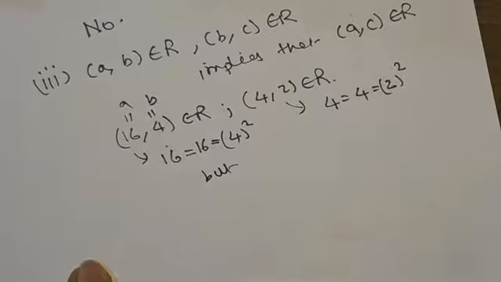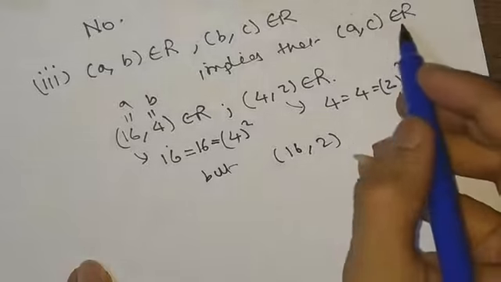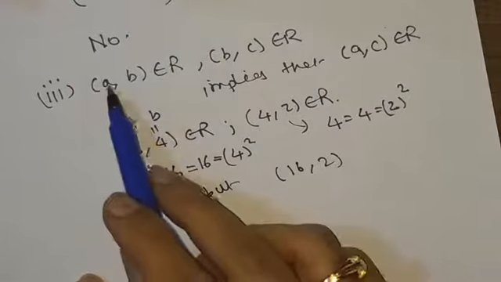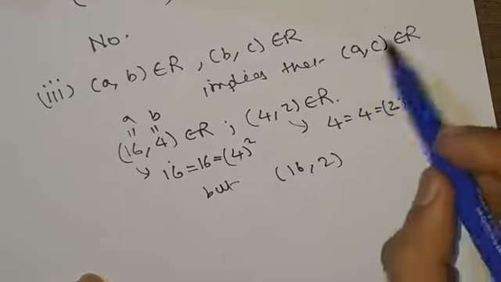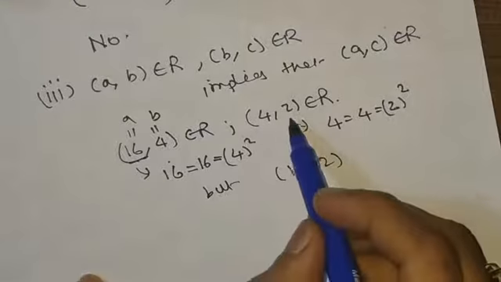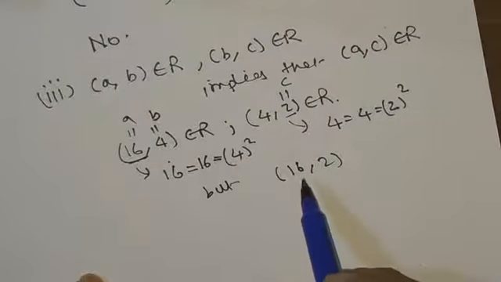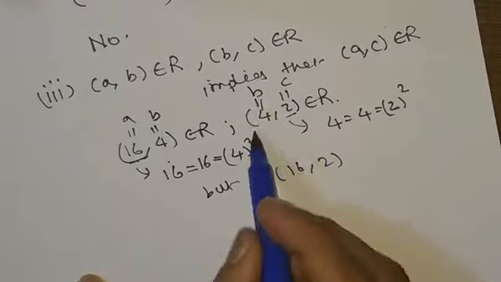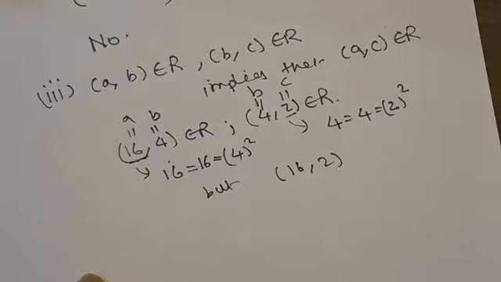But what happens is 16 comma 2 should belong to the set R, right? Here A comma B belongs to the set R and B comma C belongs to the set R, implies A comma C should belong to the set R. So 16, that is A, and 2, which is C, should belong to the set R. We have taken B equal to 4 here.